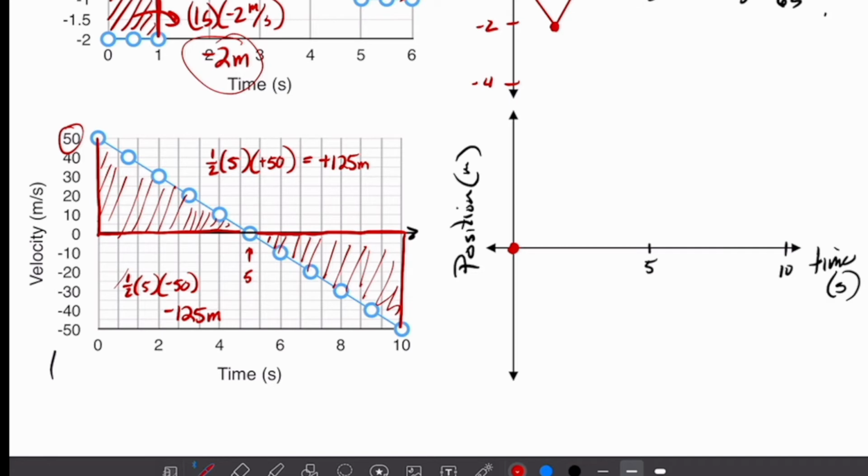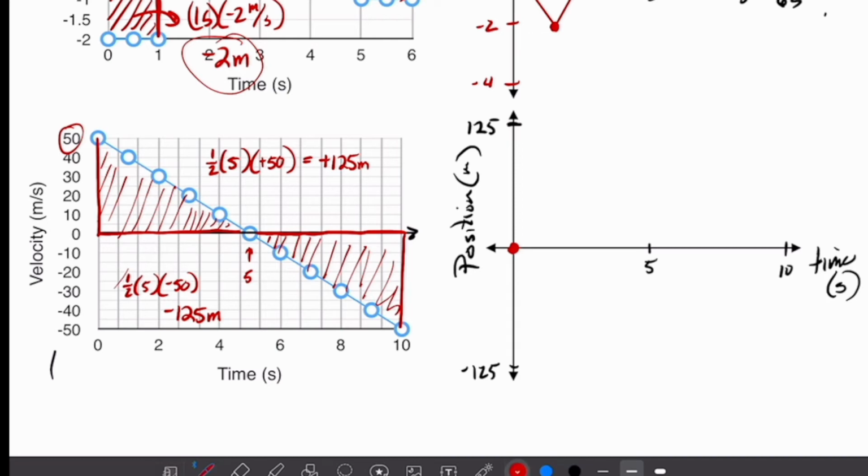After the first 5 seconds, there is a positive displacement of 125 meters. After that, it's a negative displacement. So I'm going to set my scale all the way to the top, 125, all the way to the bottom, negative 125. I've set my scale. I could put markers in there, like every 25 or something. I'm not going to right now.